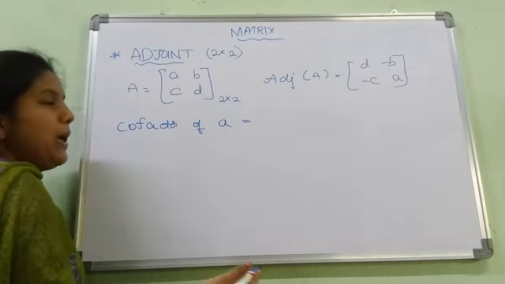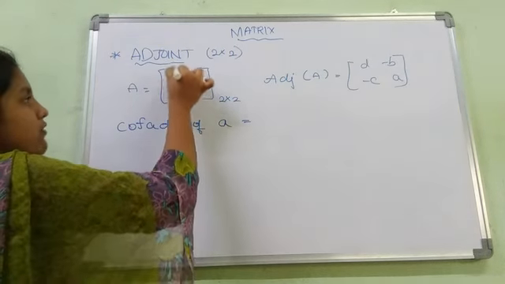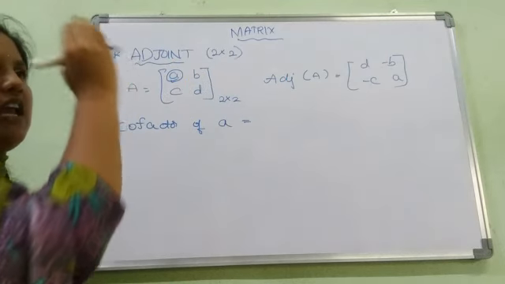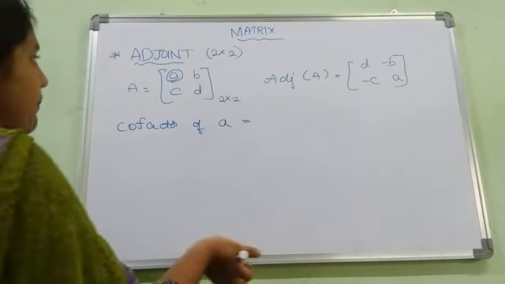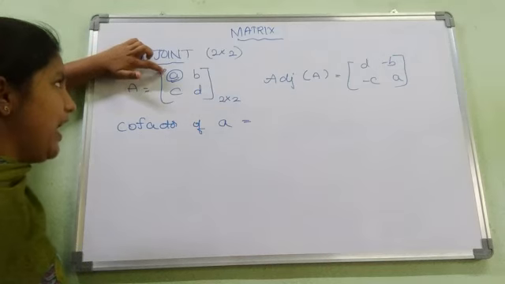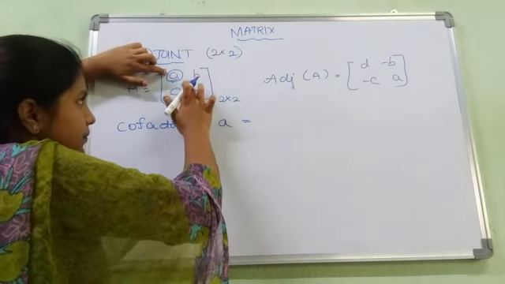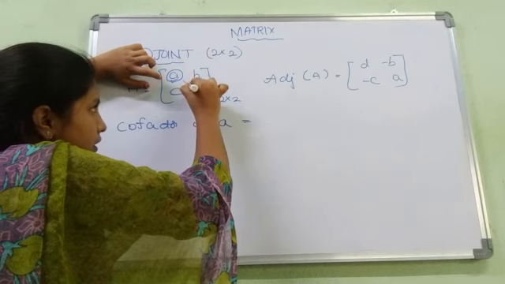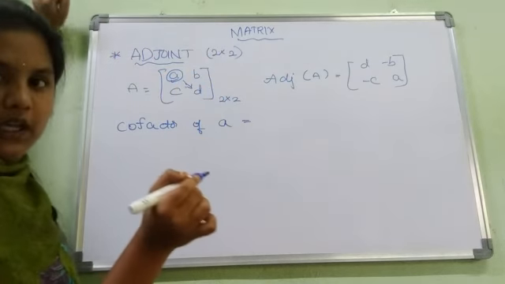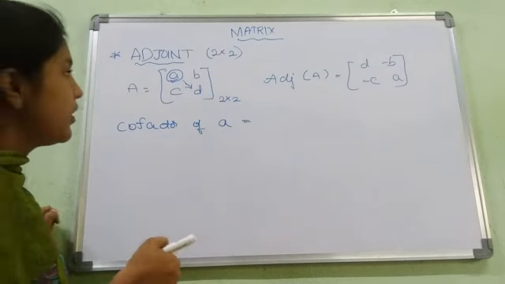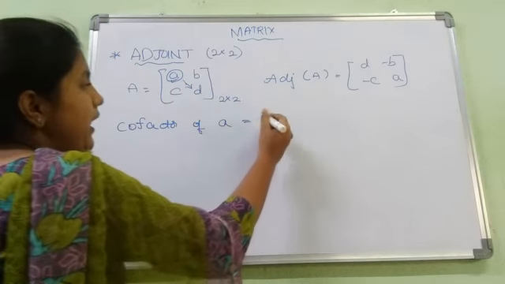In a 2 into 2 matrix, the cofactor of an element will be the opposite element. The cofactor of element a will be the opposite one, so that is d. You have understood this, I think. So it will be d.